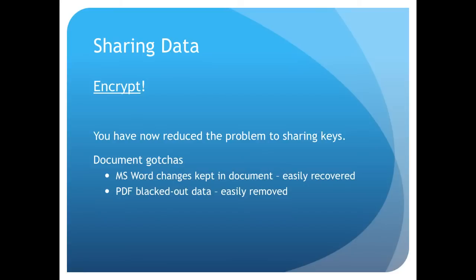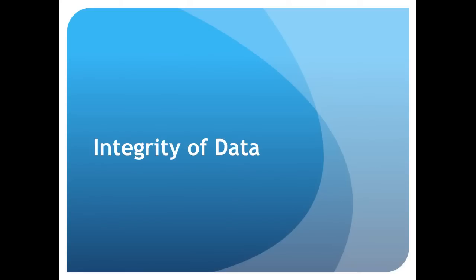Guess what? That's a layer of black rectangles on top of the document, and you can just remove the layer, and now you can see everything underneath. But if you're not trying to redact parts of information, PDFs are great ways to share data. So you take a Word document, you convert it into a PDF, and then share that with somebody else. Your changes won't be in there because you've changed the medium.